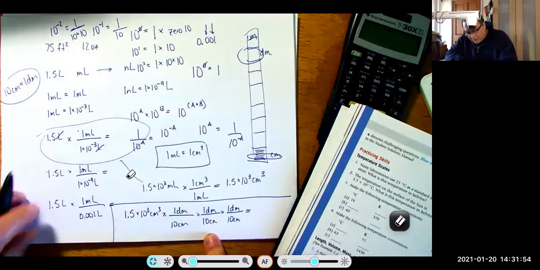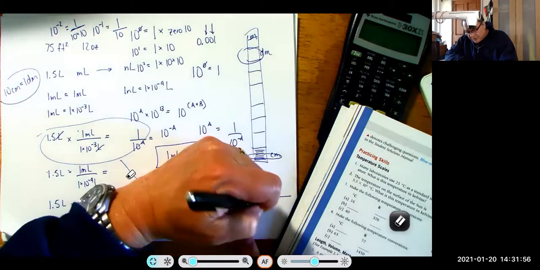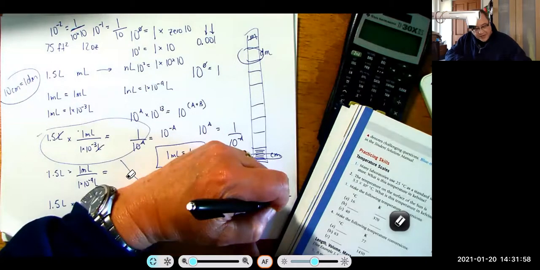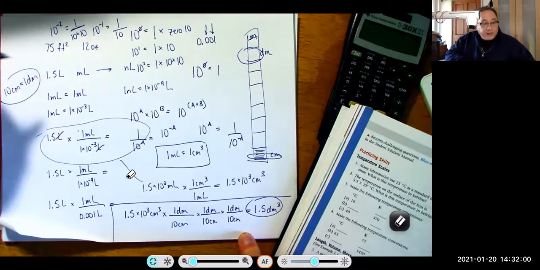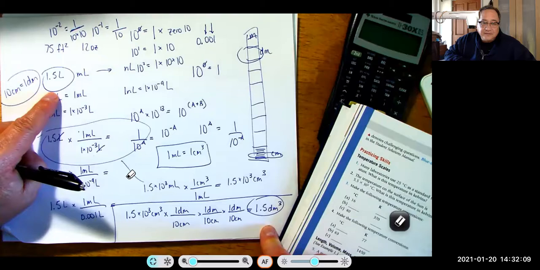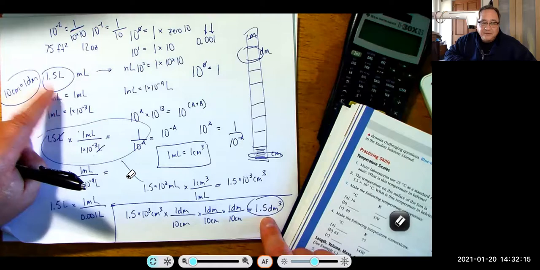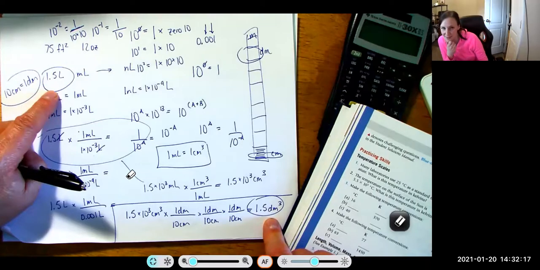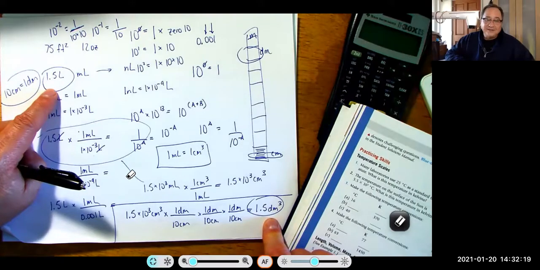And we get 1.5 decimeters cubed. And this is kind of interesting because if I circle these 2 numbers, 1.5 liters and 1.5 decimeters cubed, how big is a decimeter cubed? It's a liter.